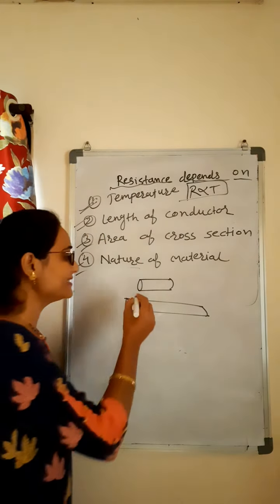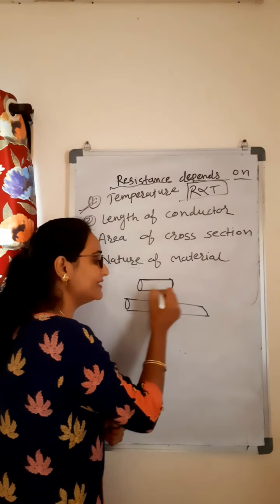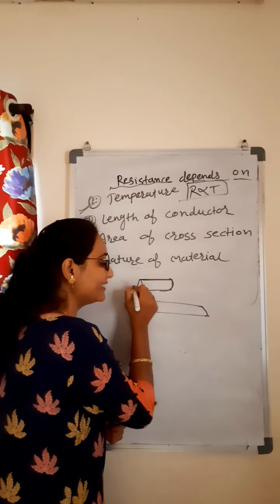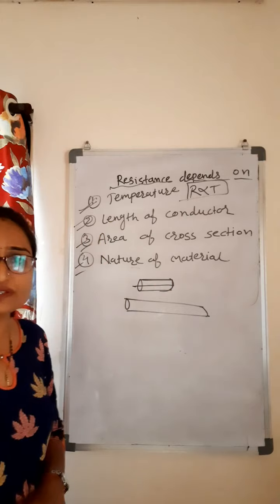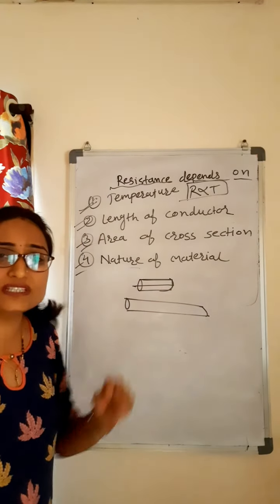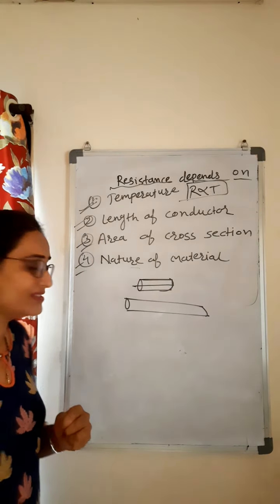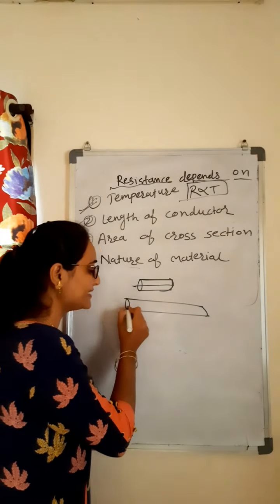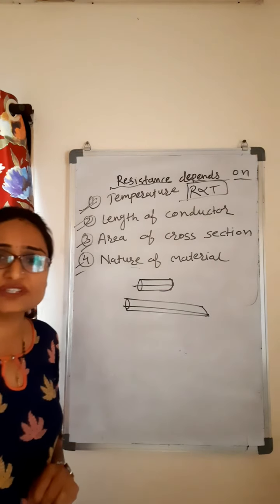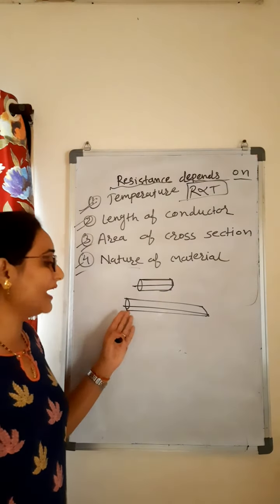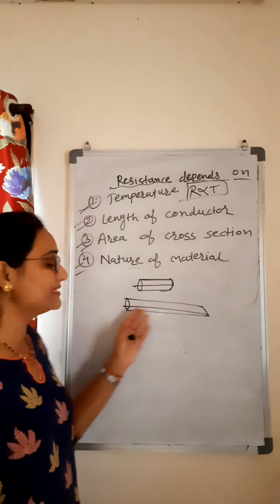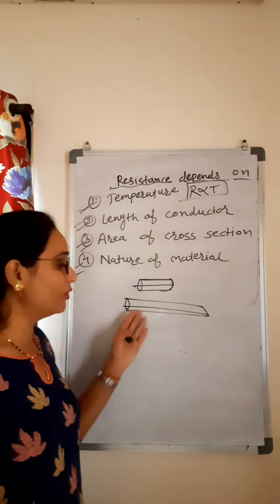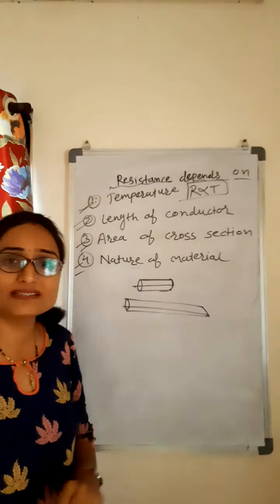If the length of the wire is this much, the electron has to move only this much distance, so fewer collisions will be there. That means less resistance. In this case, the electron has to cover more distance, so there will be more collisions, and more collisions means more resistance.